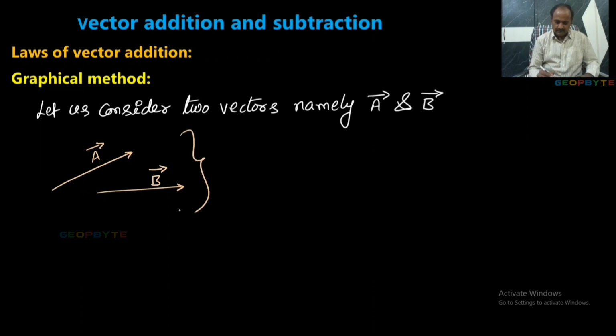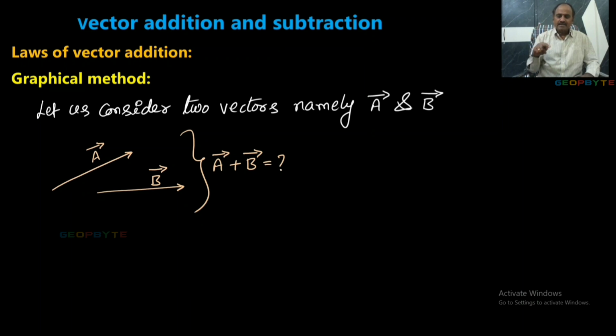I want to add these two vectors, means what is the value of vector A and vector B. For adding the two vectors, the procedure is you join the tail of the second vector to the head of the first vector. It is not like tail to tail, head to head.